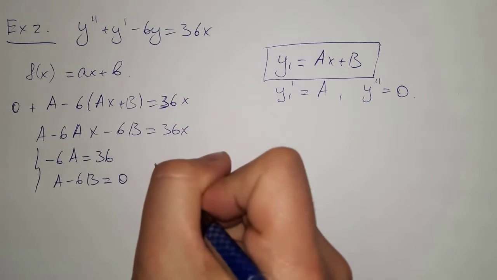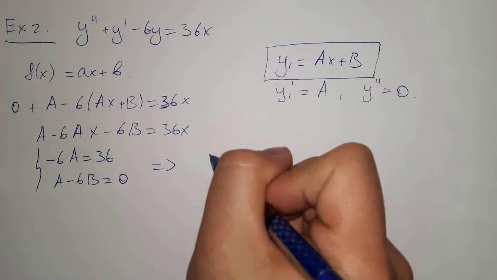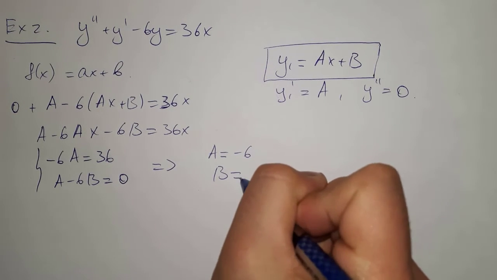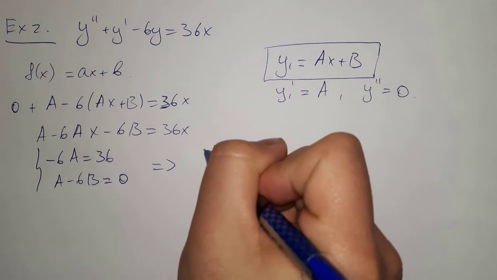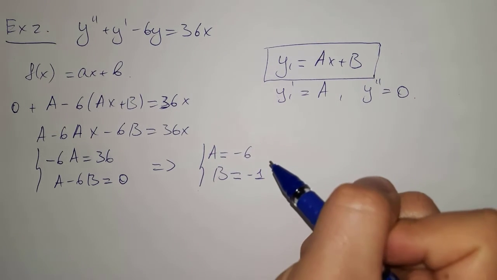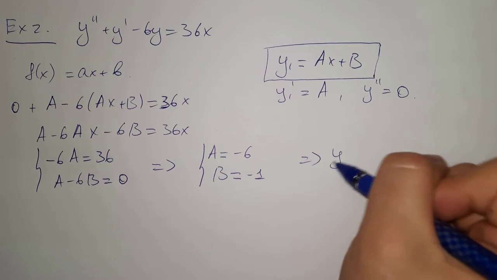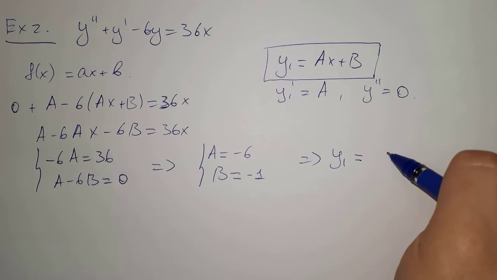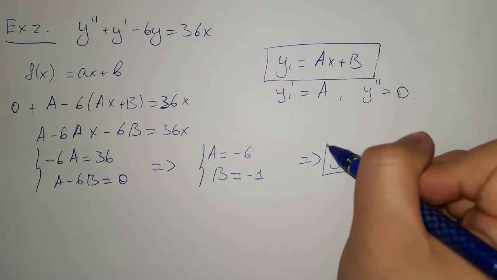From this system we get that a is minus 6 and b is minus 1. As a result, y1, the particular solution of our differential equation, has the form minus 6x minus 1. This is our particular solution.